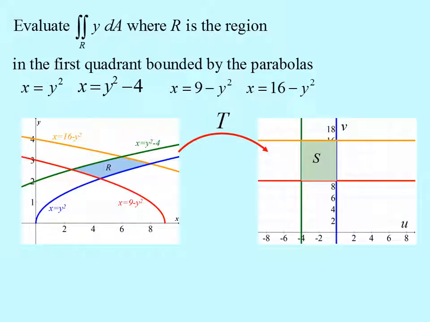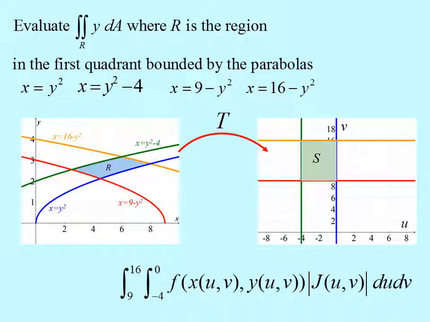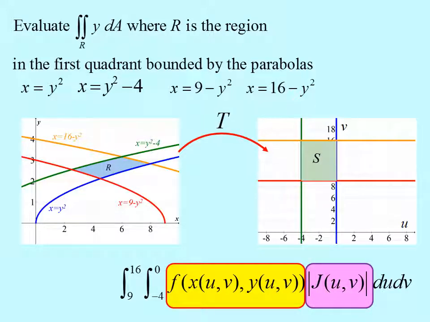So we could change from this region into a nice rectangular region where the limits on the integral would be very easy to find. So let's see how we would go about finding the transformation of the function and the Jacobian.